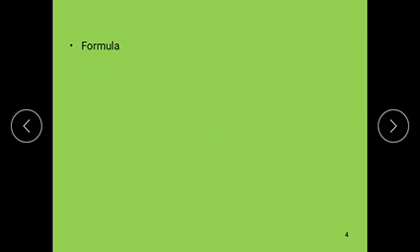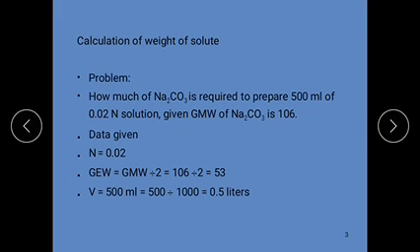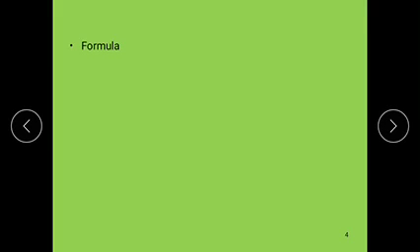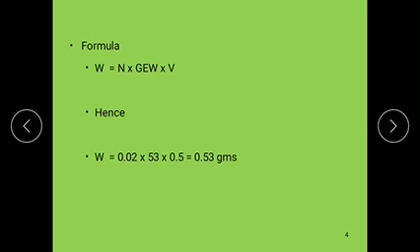This means the 500 ml of 0.02 N solution contains 0.53 grams of sodium carbonate.